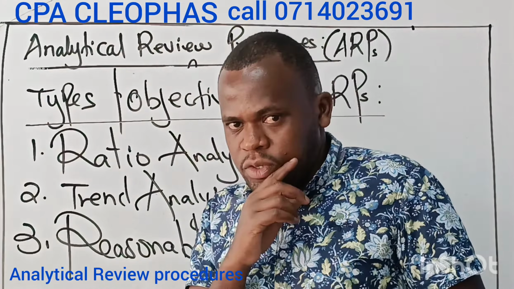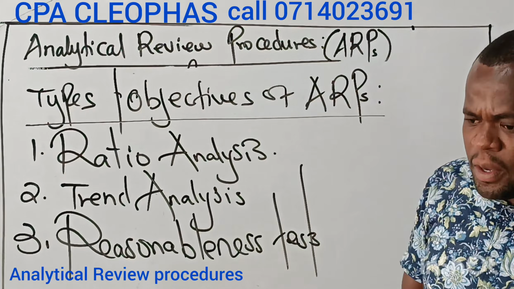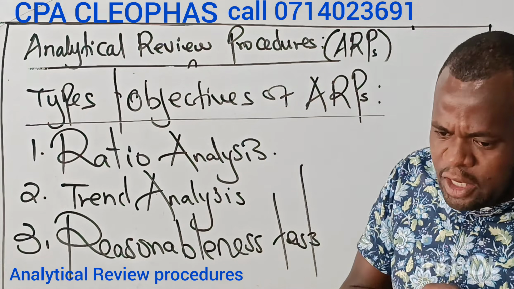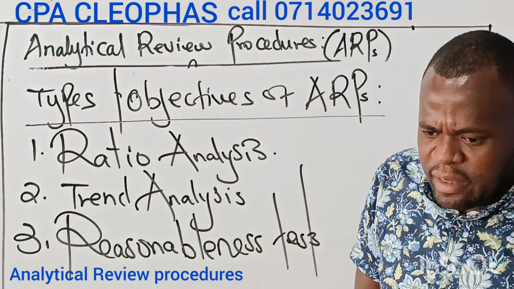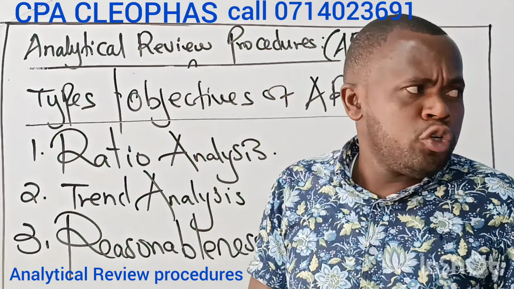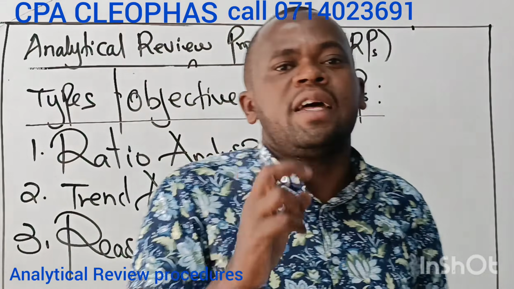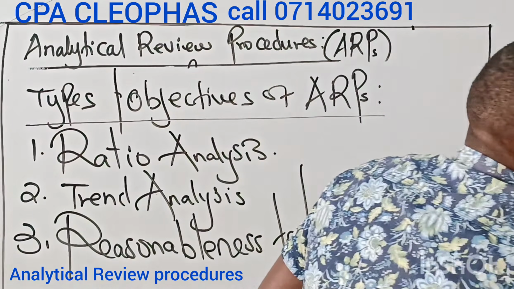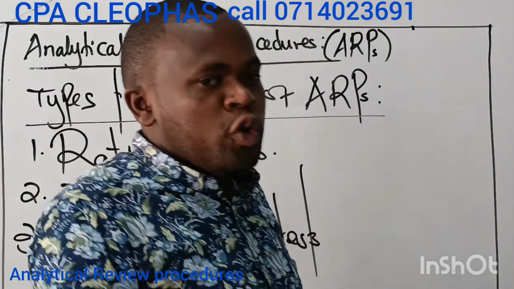But sometimes you find the total salaries of a company was maybe 1 million in a particular year. Then, coming to this period, you find that the salaries have totally changed. So that is something you need to check.